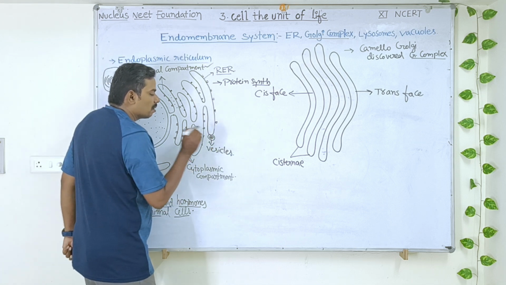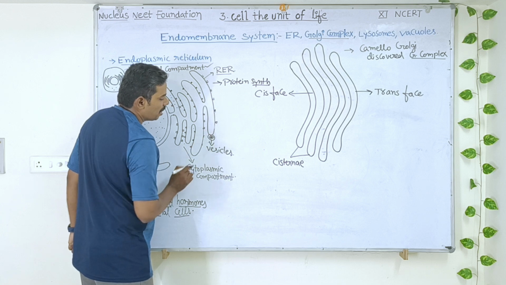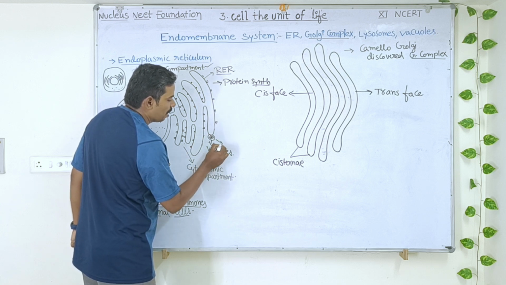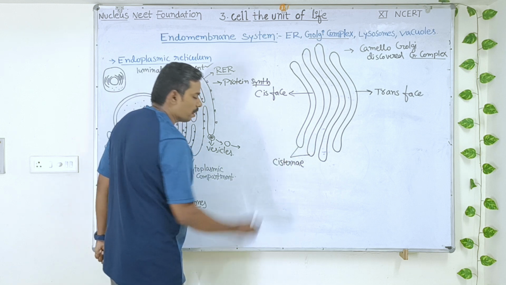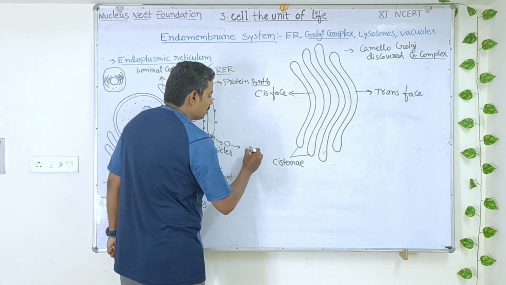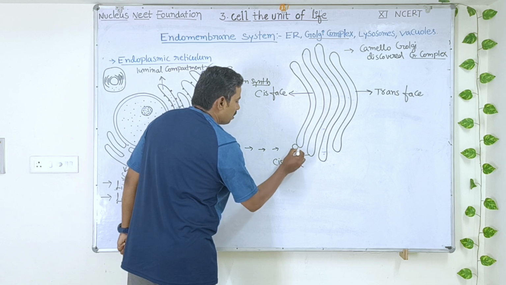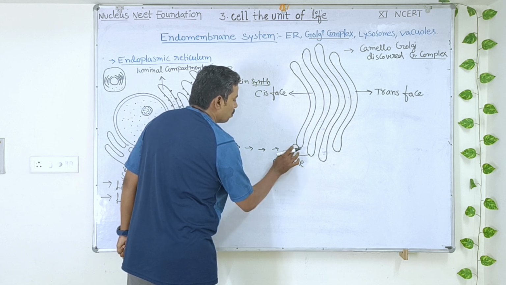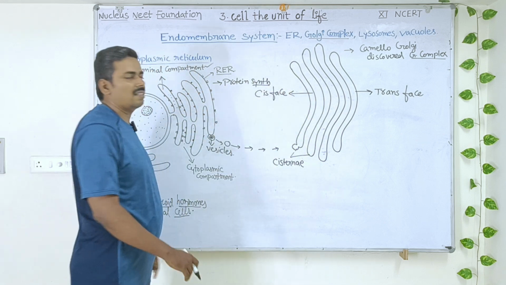These vesicles enclosing the unmodified proteins detach from the endoplasmic reticulum and move slowly towards the Golgi complex. The vesicles eventually fuse together and give rise to young cisternae near the cis face.